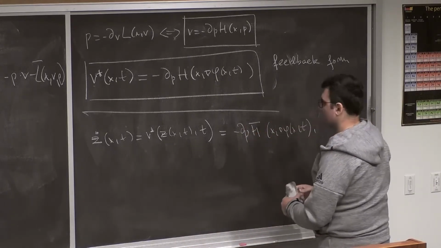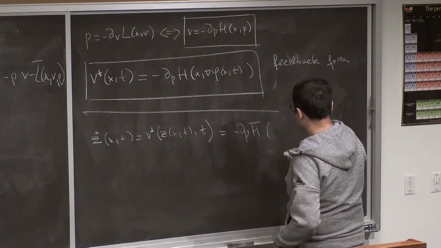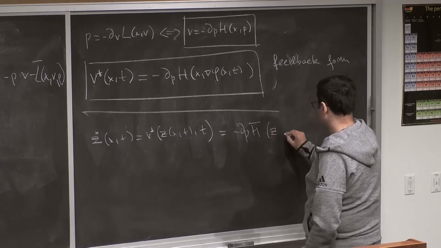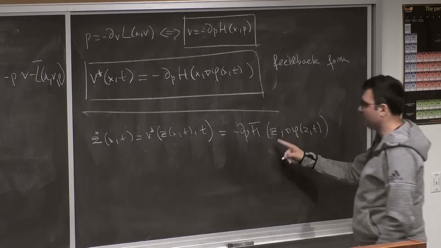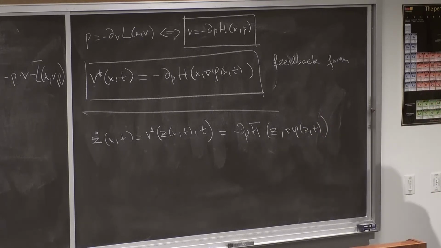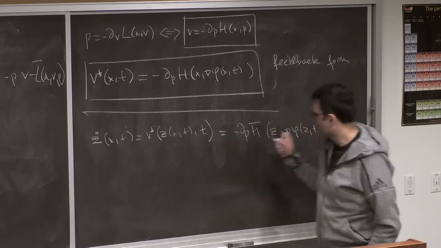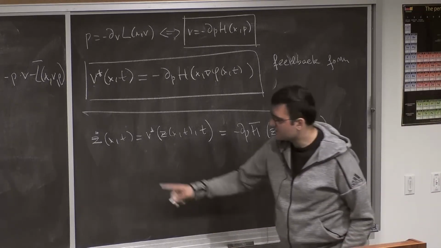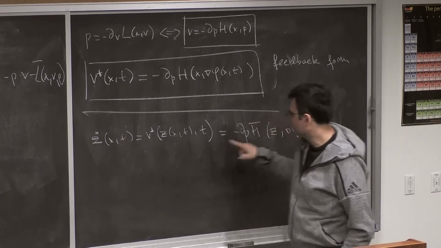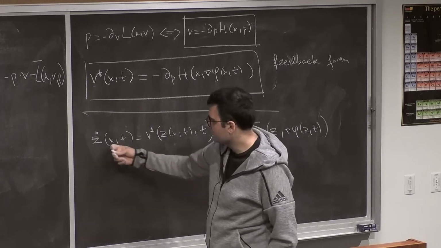Let's do this. So I'm not writing xt just to save space, but these are going to be the trajectories of a generic agent. And if we know that agents act according to this equation, their distribution will change.